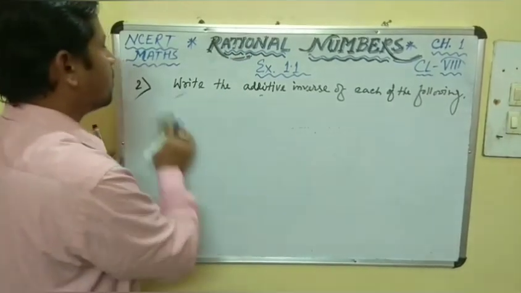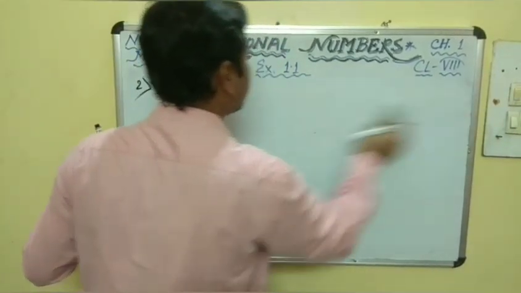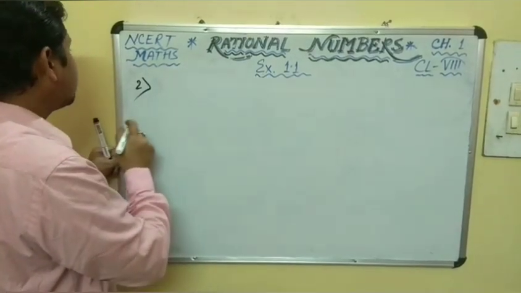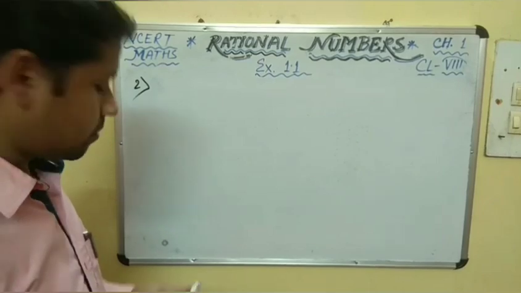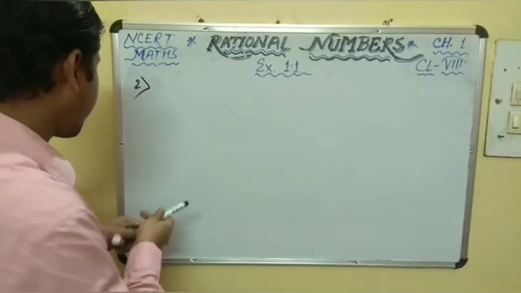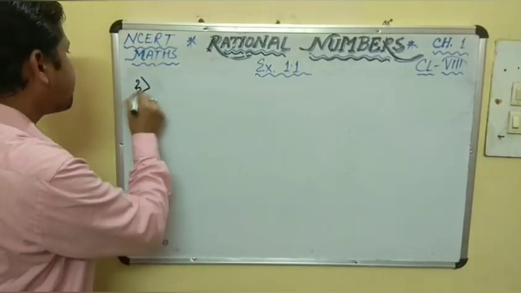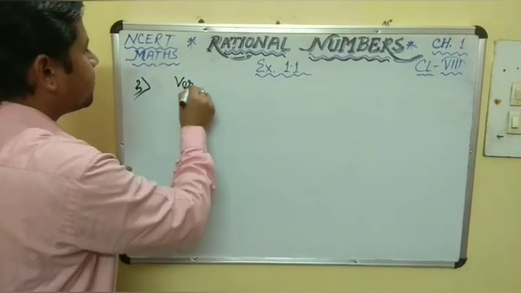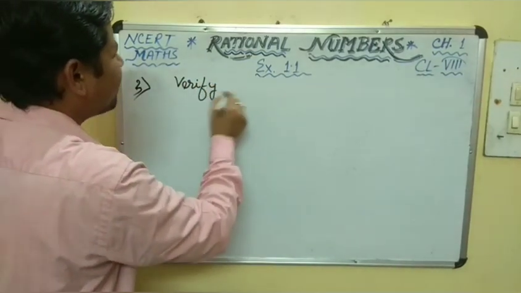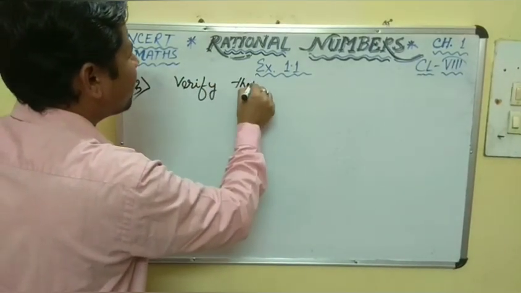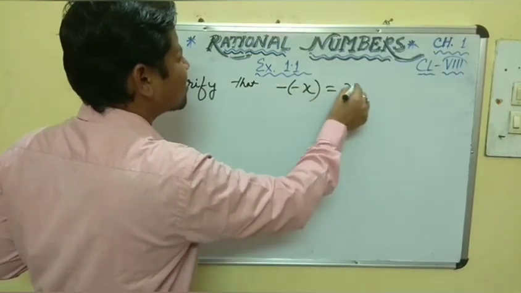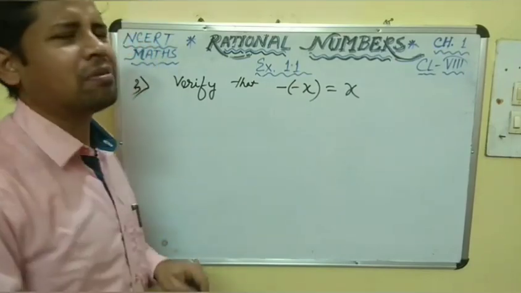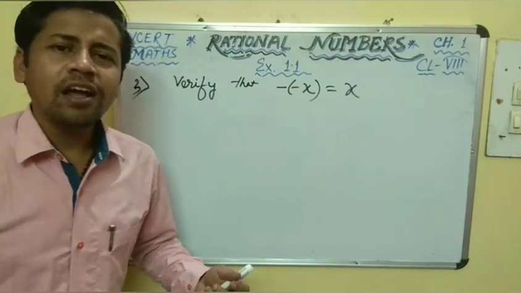Number 3 we are going to solve. We have to verify that minus of minus x equals x, where x is a rational number.